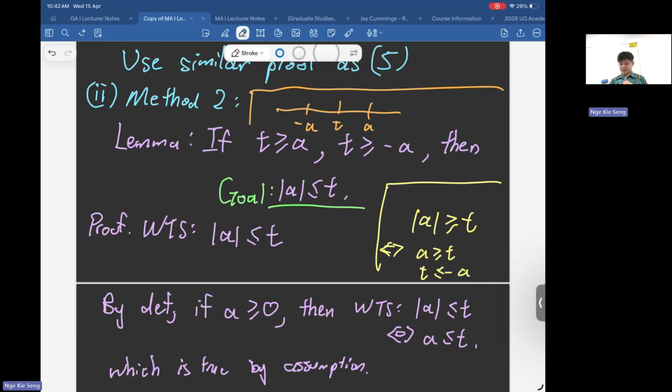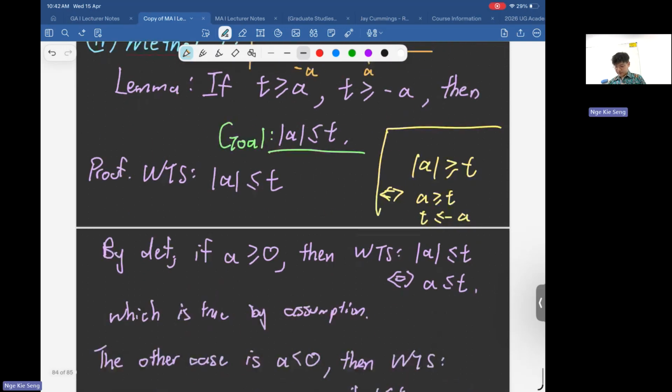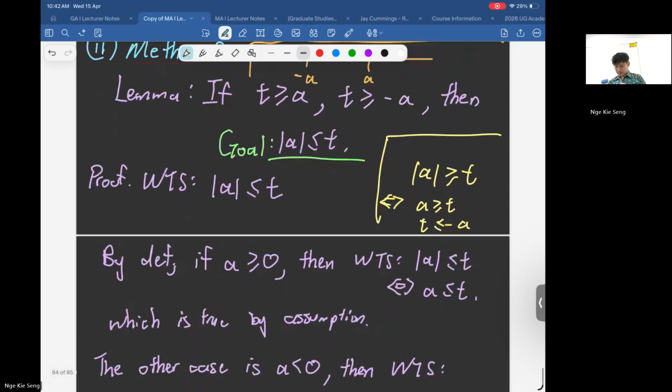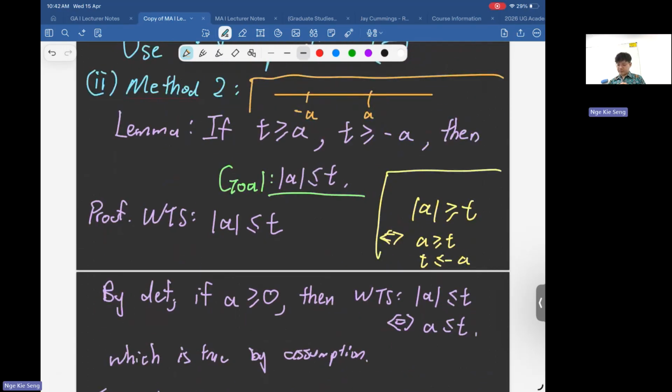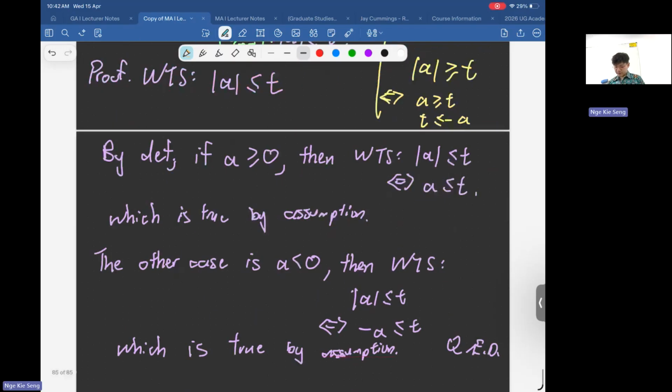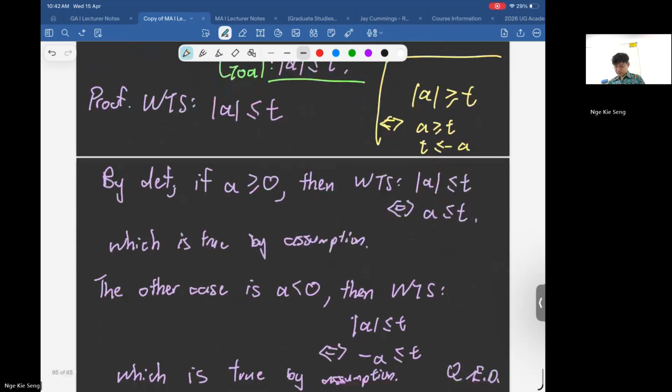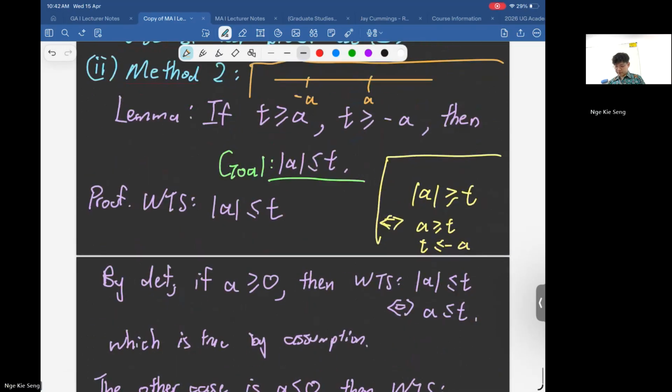I think I drew the wrong thing. Is T greater? Let me see. T is an interval, right? What's the interval I am drawing here? Did I write something wrong? Wait, let me think first.